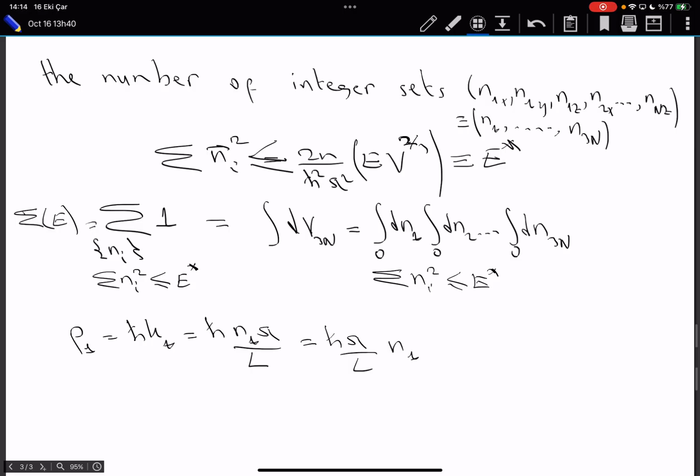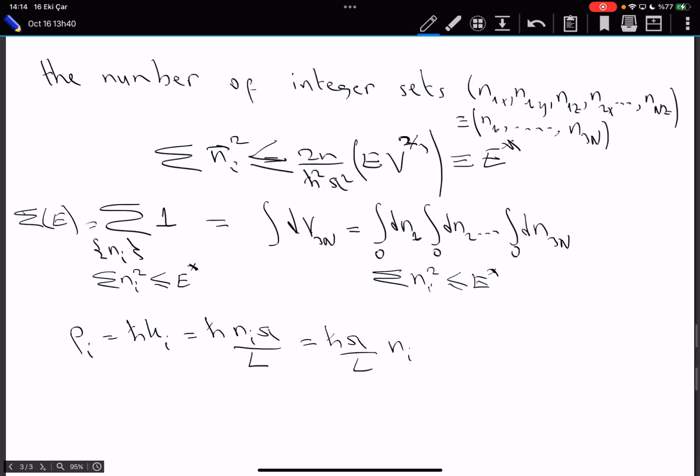Of course, this is correct for all the momenta. So I can make a change of variable.